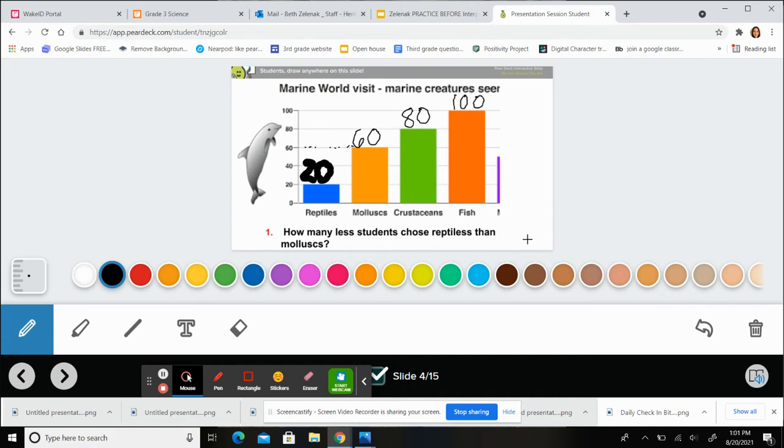And once you have all of your information on your graph, you can take a look to see if you see any clue words that will help you know if you need to add or subtract. How many less students chose reptiles than mollusks? So I'm going to know that that is a subtraction problem, and I then pay attention to reptiles and mollusks, and I stack my numbers to subtract.